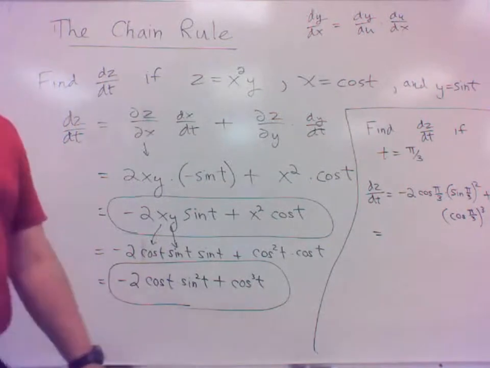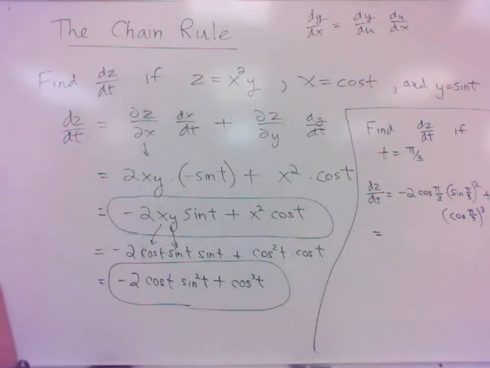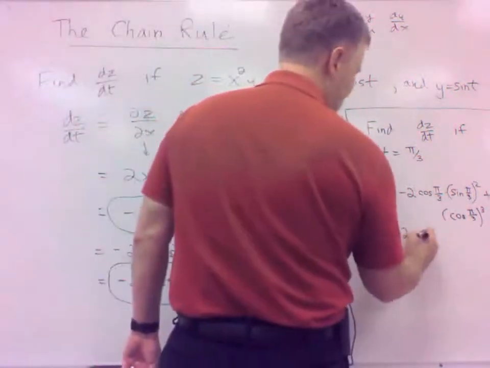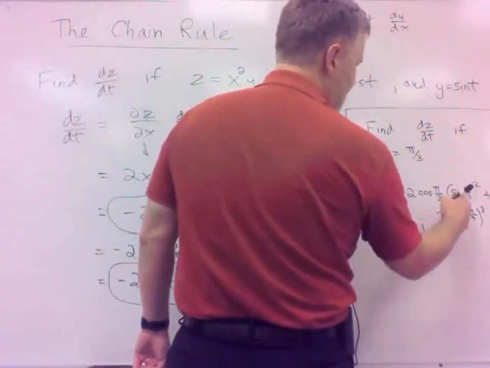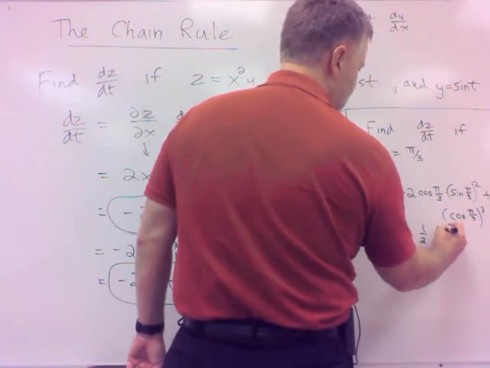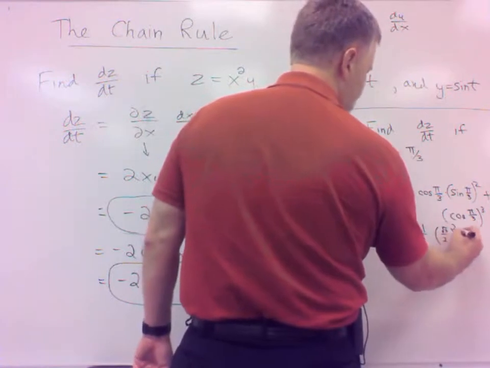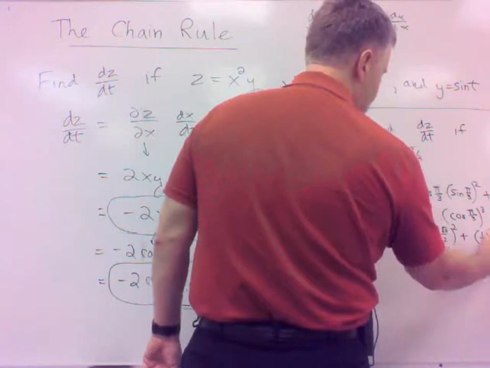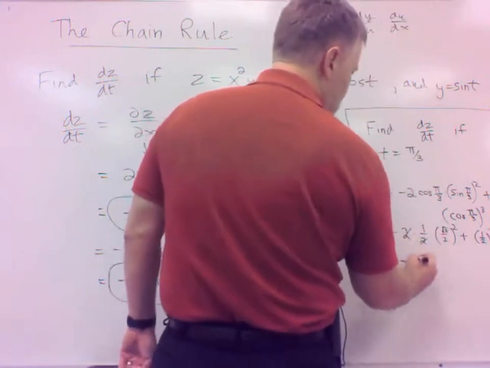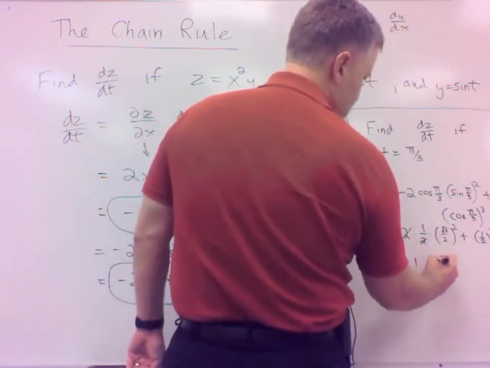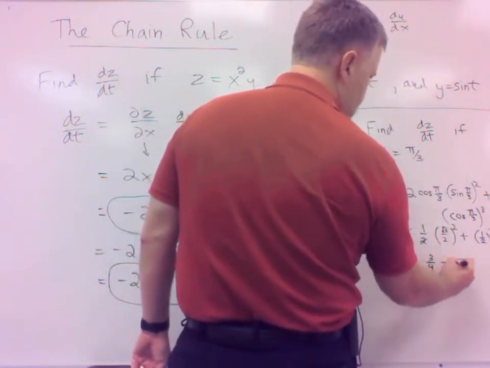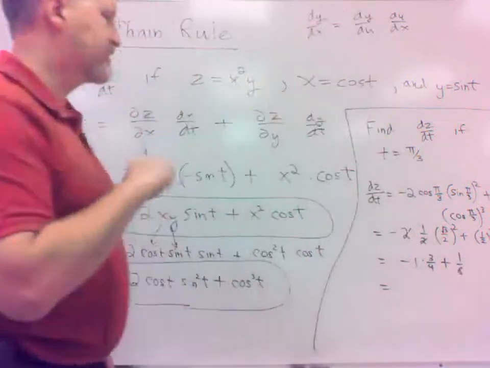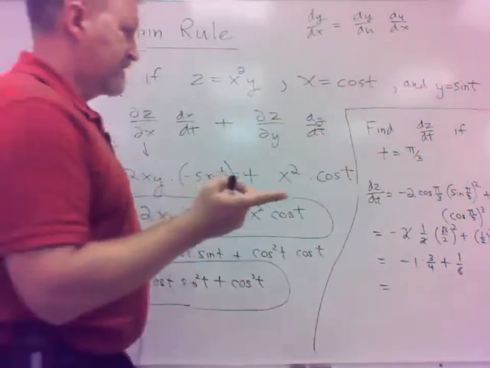So the cosine of pi over 3 is 1/2. And sine of pi over 3 is square root of 3 over 2. We're going to square that. And then the cosine of pi over 3 again, so it'll be 1/2 cubed. So that would be -1 times 3/4 plus 1/8. So that is -6/8 plus 1/8, so that'd be -5/8.